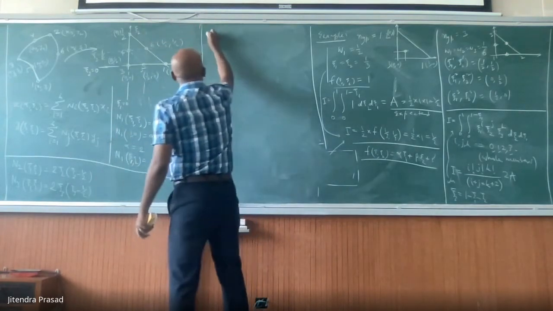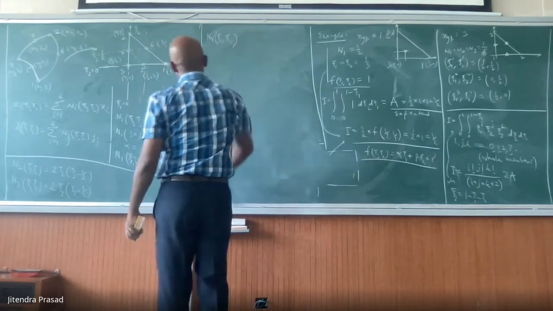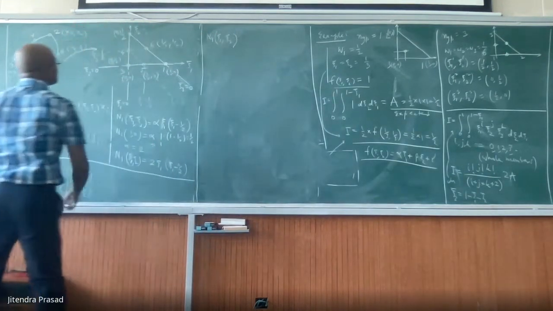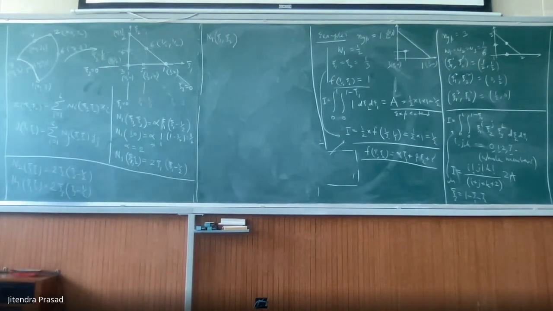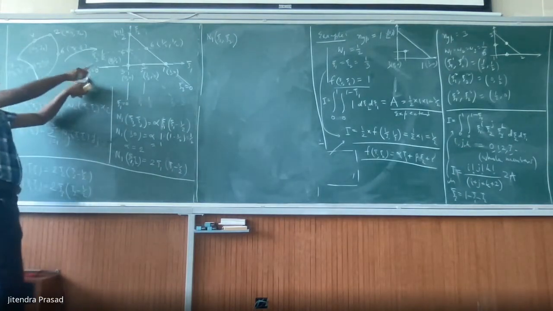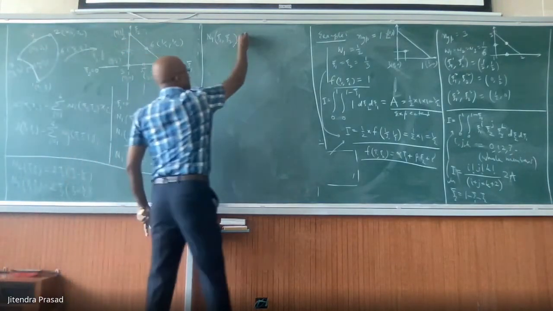Now n4 of Xi1, Xi2. So what is n4? This one. So Xi3 and Xi2. This line is Xi2 equal to 0. This is Xi3. So Xi2 times Xi3.